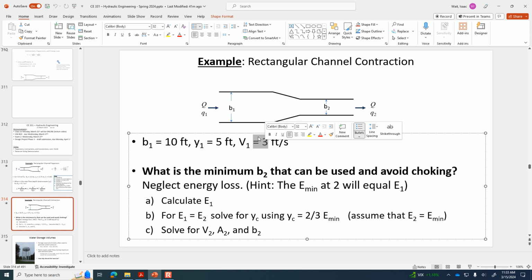And so at location 2, we know the velocity at 2, and we know Q. So A2 is equal to Q divided by V2: 150 cubic feet per second divided by this velocity of 10.5 feet per second.